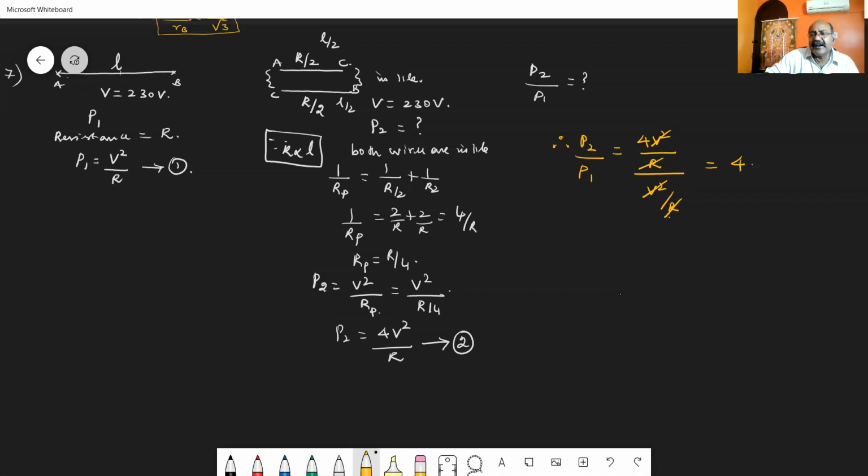So I get 4. So the ratio P2 divided by P1 is equal to 4:1, or I can generally write P2 by P1 is equal to 4. This is the ratio of the power, and the option is D. Option D is the correct answer.